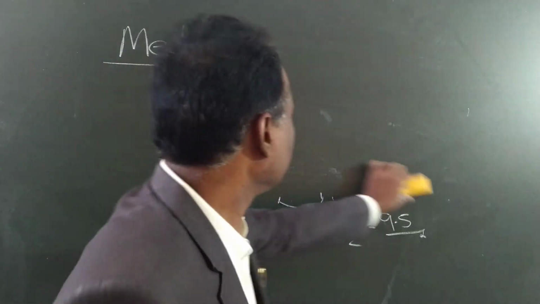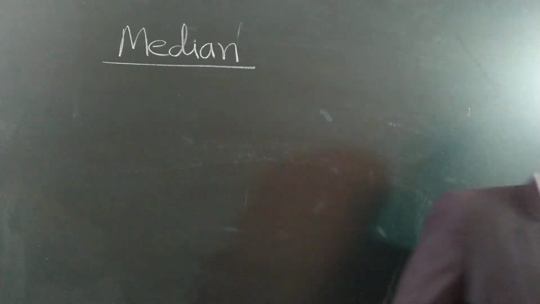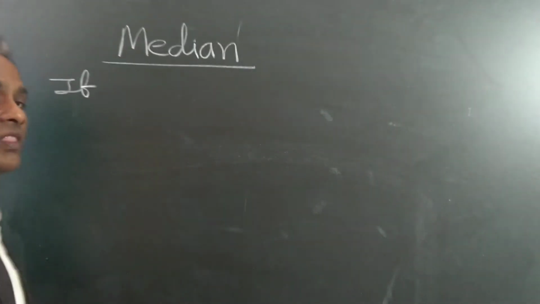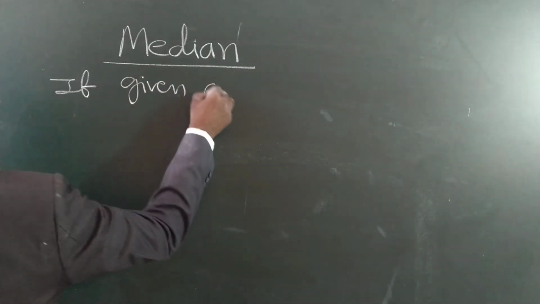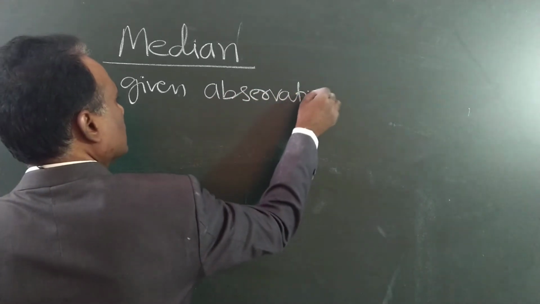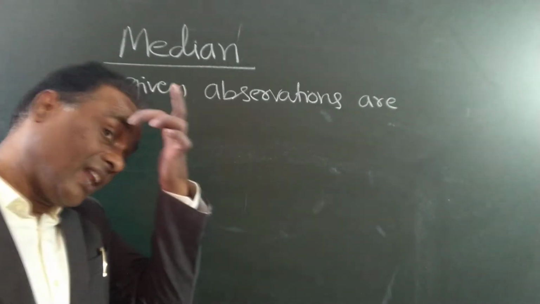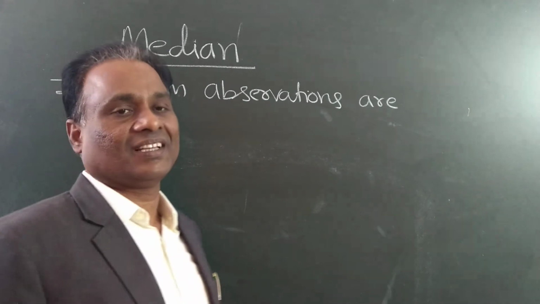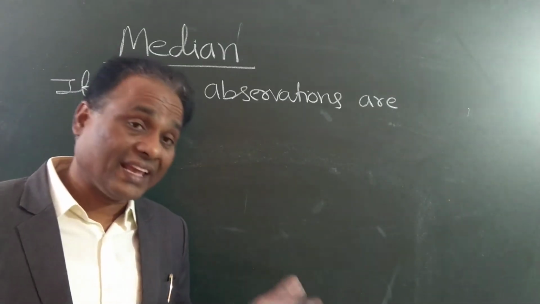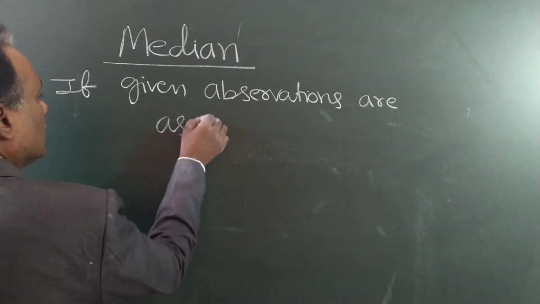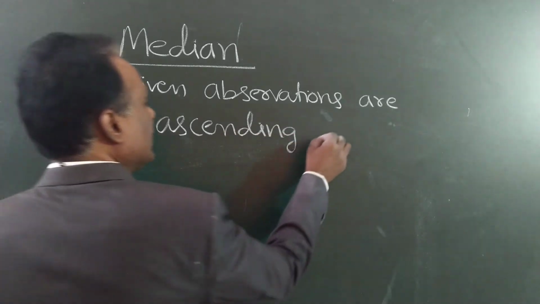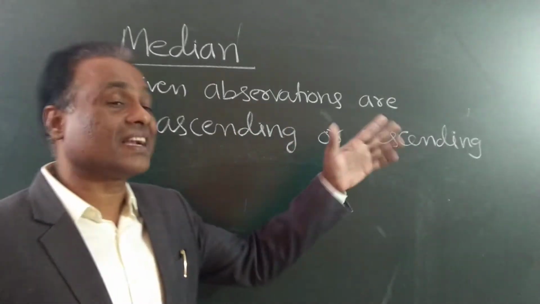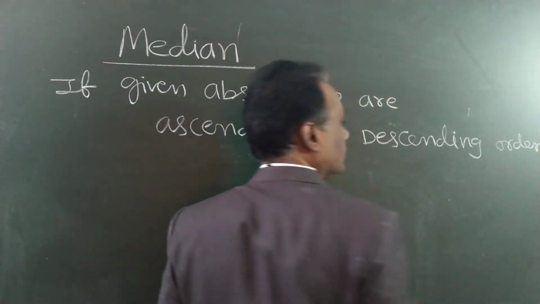Write down the heading median. If given observations are arranged in the ascending or descending order, we don't use this.